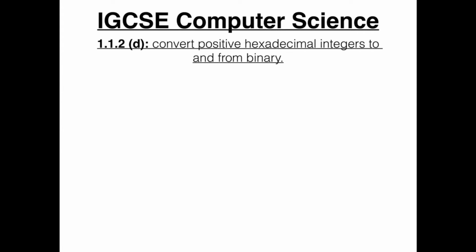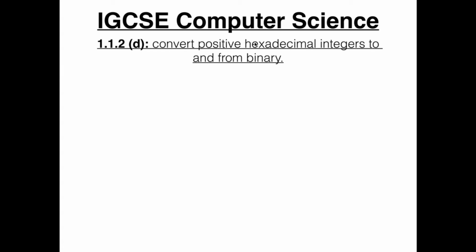IGCSE Computer Science Syllabus Statement 1.1.2d, convert positive hexadecimal integers to and from binary. So in the last video, we looked at converting hexadecimal to decimal and back, but this video is hexadecimal and binary. Now, this is a bit easier, in case you haven't watched the other videos or forgot about them.